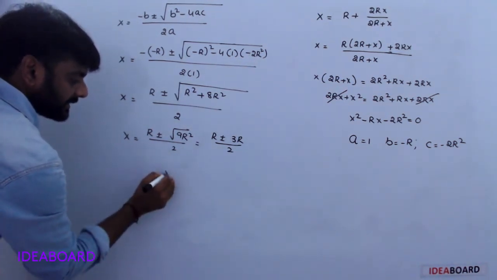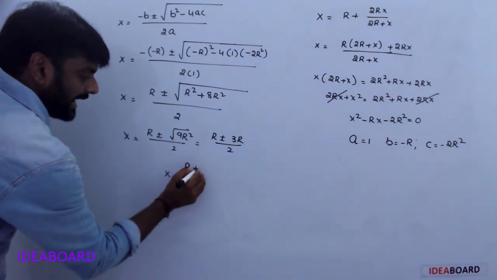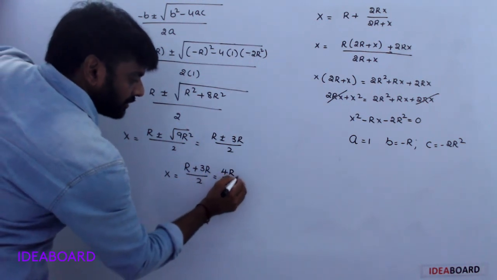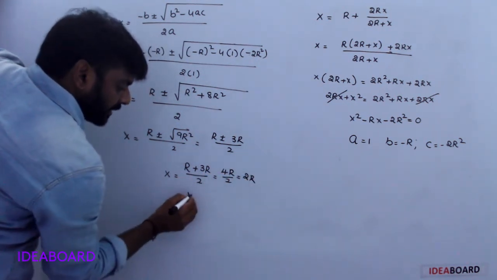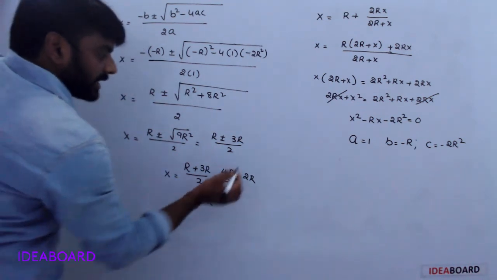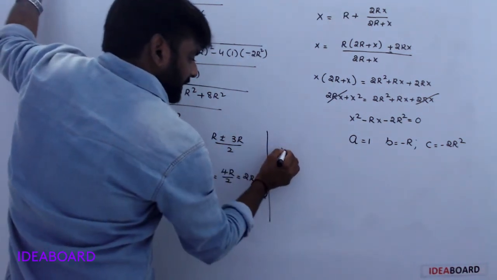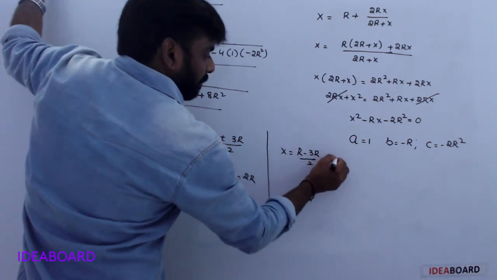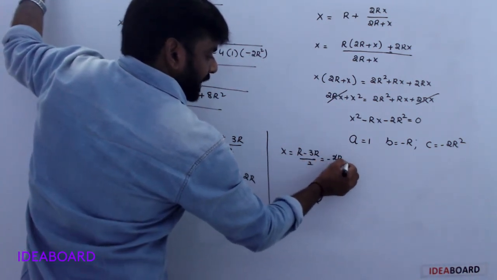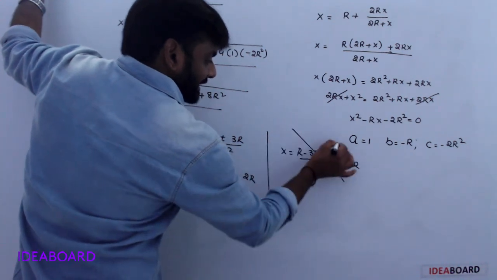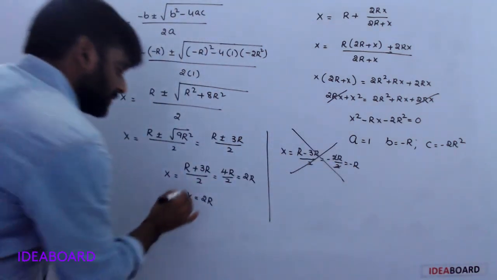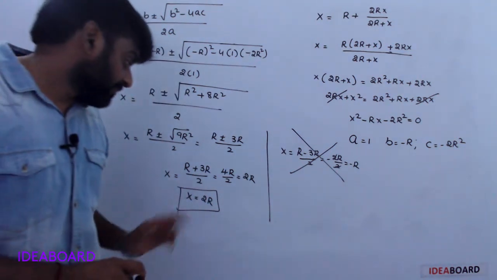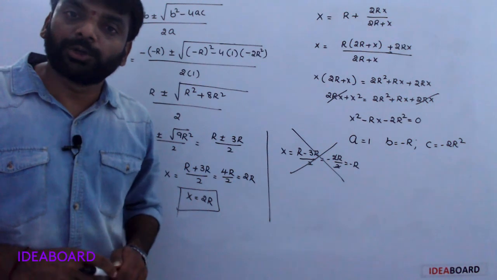Sorry, x is equal to R plus 3R by 2, 4R by 2, that is 2R. Another one is x equal to R minus 3R by 2, minus 2R by 2, that is minus R. Resistance is not in negative values, so the correct option is 2R.